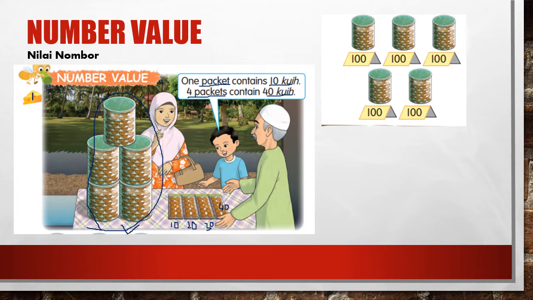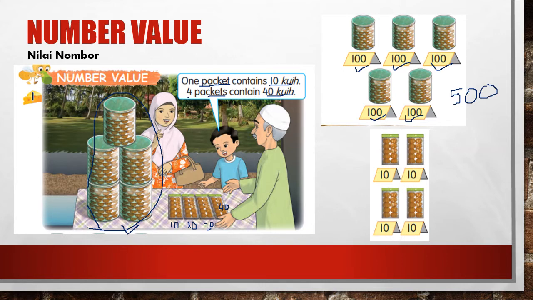So we have to count by 100s. 100, 200, 300, 400, 500. Now we get the total number of kueh in the container. Altogether is 500.